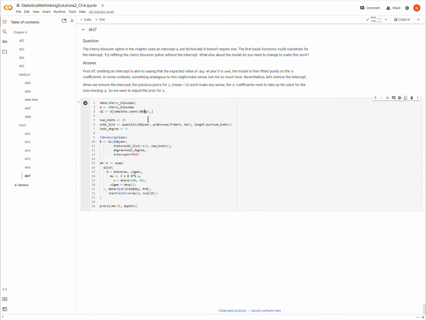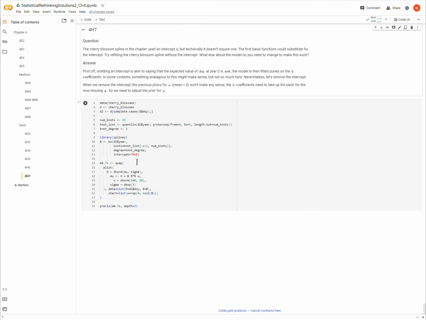Okay, and DOY is the day of the year at which the cherry blossoms are blooming, and we're modeling DOY as a function of year, and we'll go through this code here in a second. And what it asks us to do is to omit the intercept A or alpha, and to see what happens and to see what else we need to do in order to make that model run.